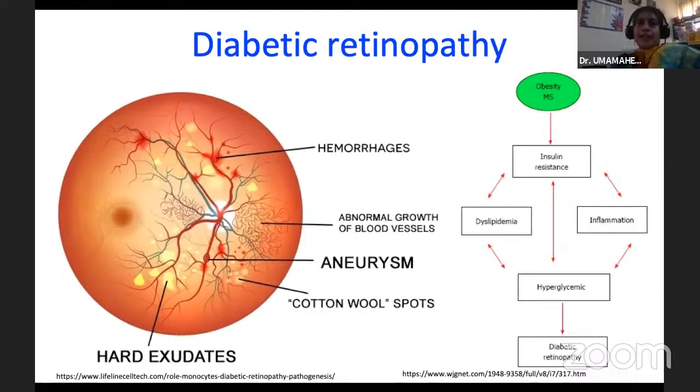So in essence, the diagnosis of diabetic retinopathy is time consuming, requires expensive equipment, and needs the patient to go to a specialized center which contains these facilities in order to get themselves evaluated.